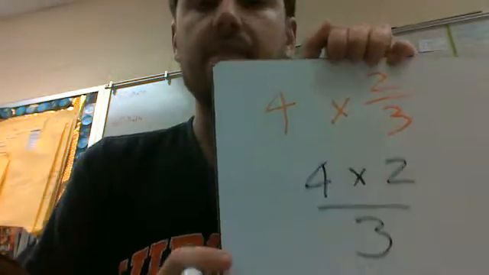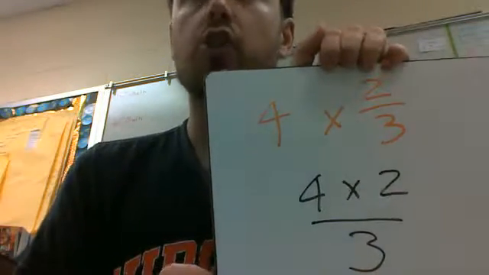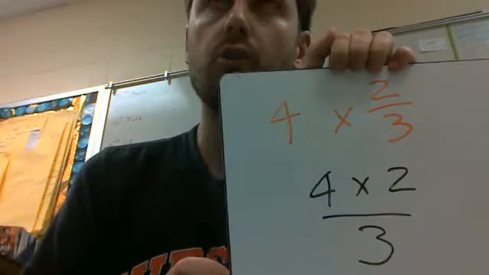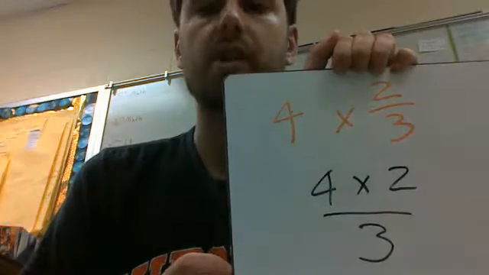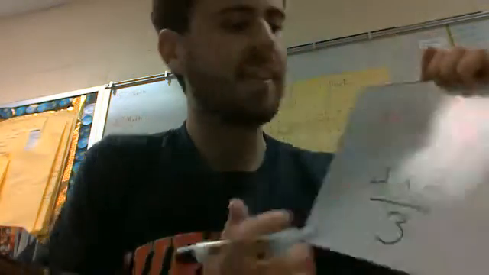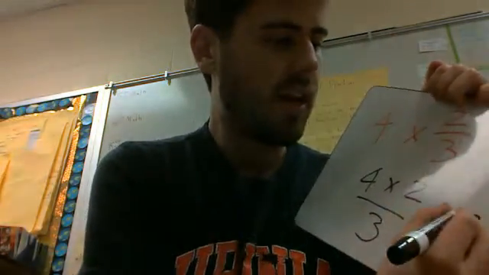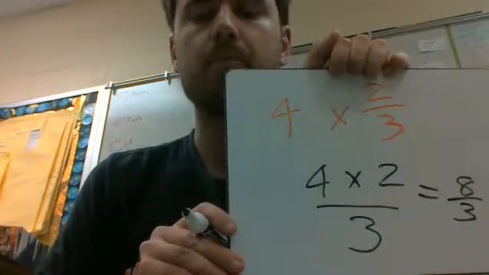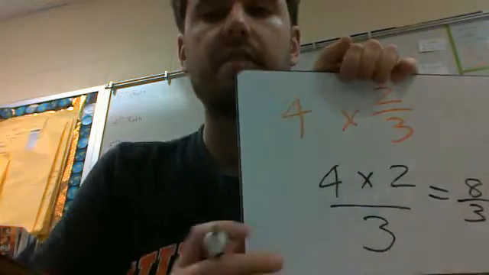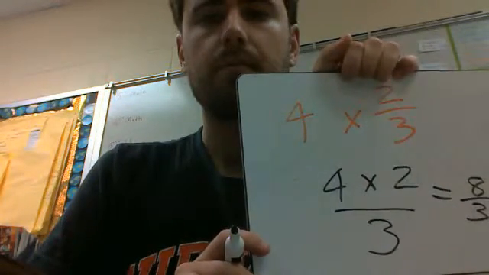That's the same thing as saying 4 groups of 2/3, and that's going to equal 8/3, the same exact thing that we got. This is just a different way to visualize it.